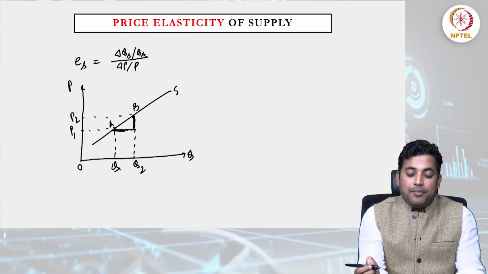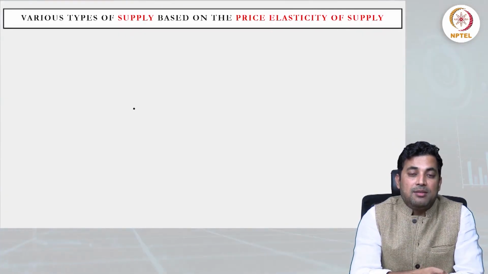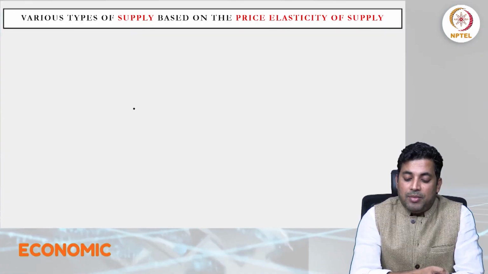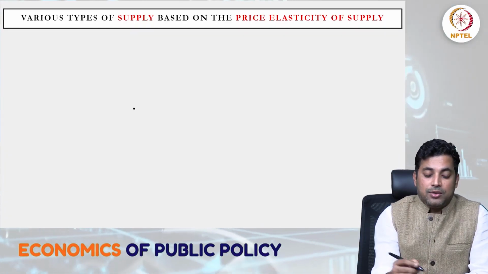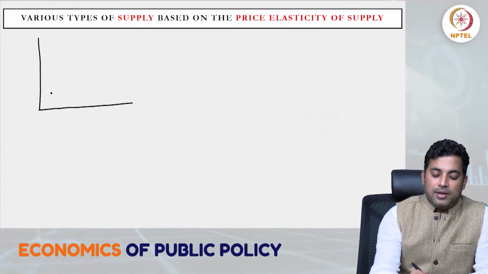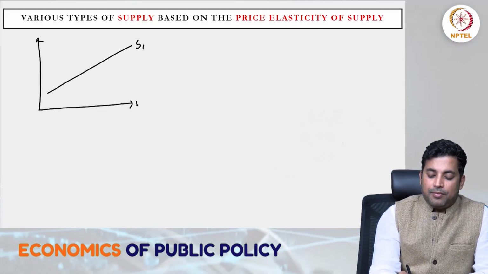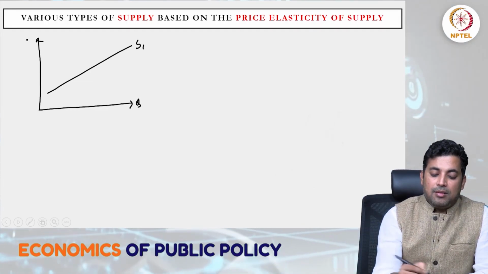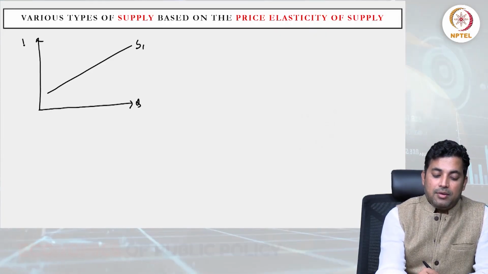So the way we had drawn the various demand curves based on the price elasticity of demand, here we can also draw a supply curve. If the supply curve is flat, then it is a price elastic supply curve.